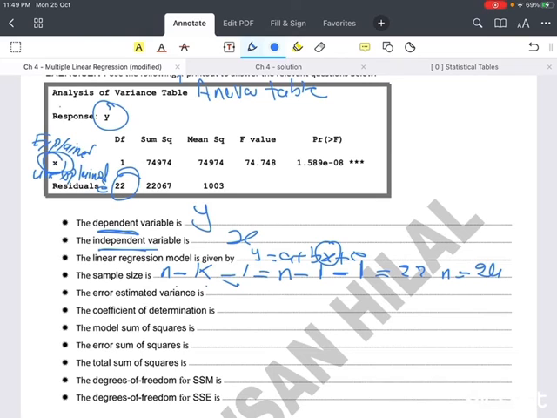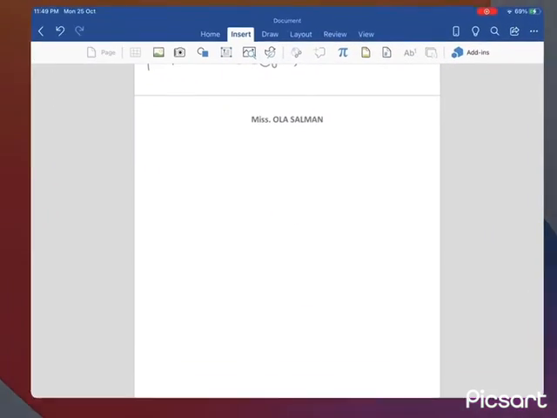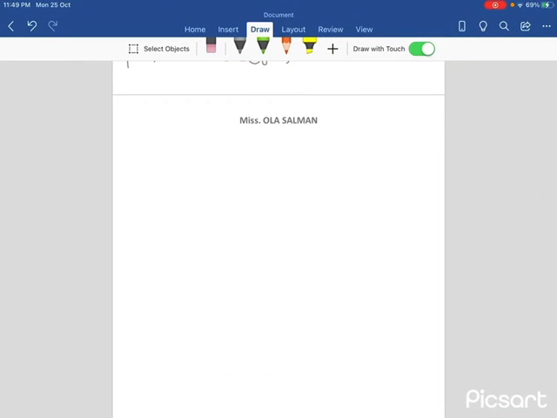So I can solve it here but there's no space, I think. Okay, I'll write it as a word. It will be n minus k minus 1, so all of this equals 22.